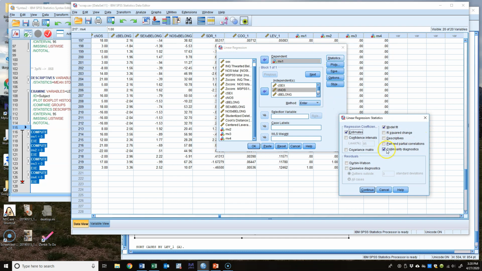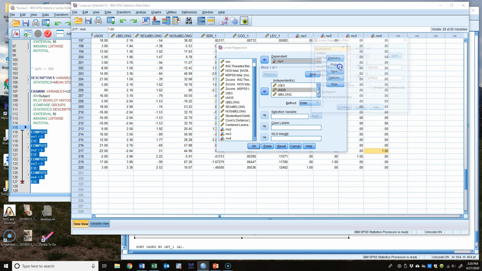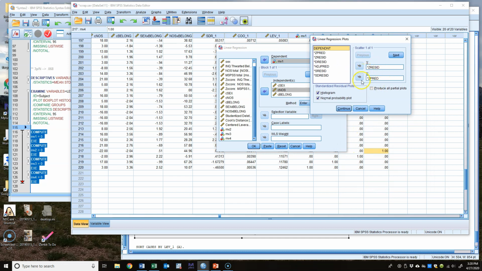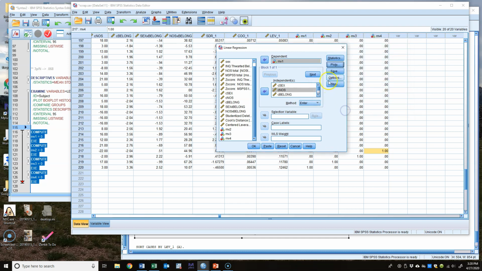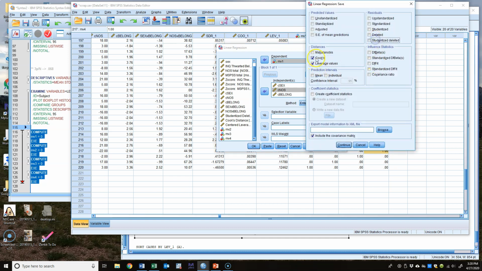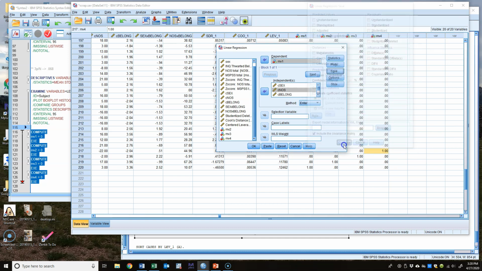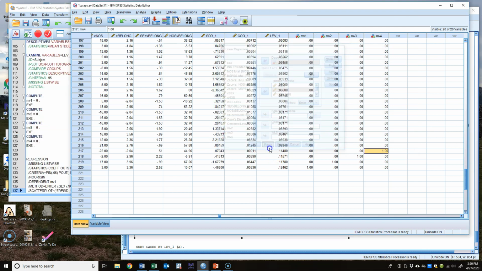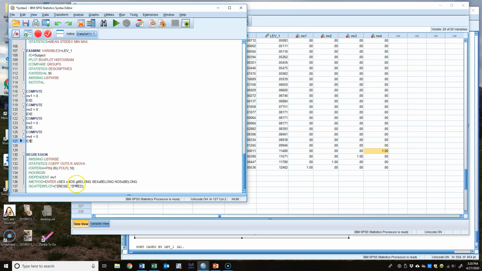But I'm going to go down through, and I don't care about collinearity here. I don't want any plots in this model. I don't need anything saved. All I want to do is just look at my predictors here.